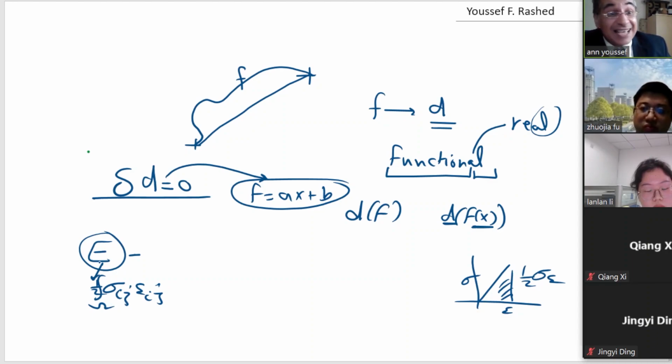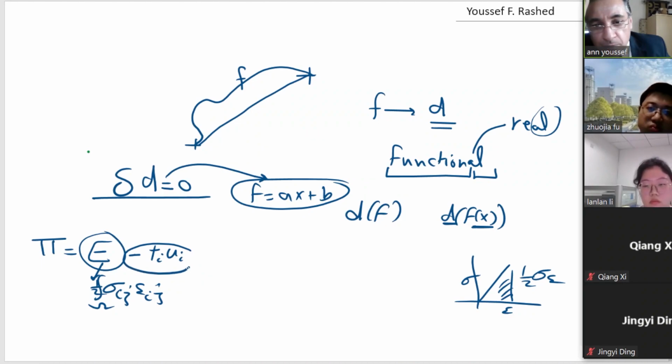This has nothing to do with equilibrium, but when we subtract the work done by the traction on the boundary times the displacement on the boundary, we get a new value that we call pi. In mechanics, it is called the total potential energy. The second term is the work done by external forces, so it is minus Ti Ui, and all the indices are dummy indices.